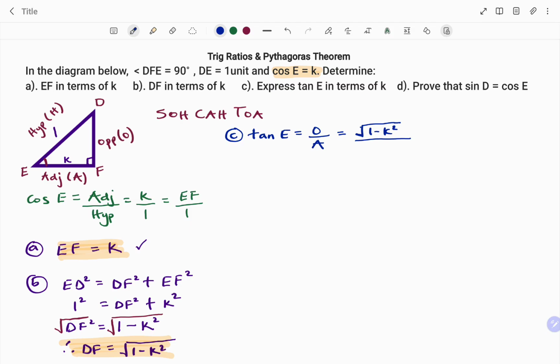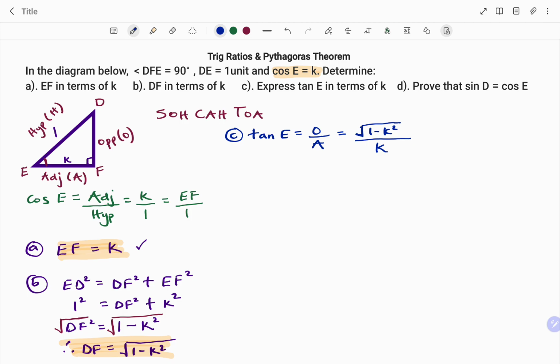If I go back, EF is K. So therefore, we have tan E equals opposite over adjacent, which is the same as DF over EF, and that's root 1 minus K squared, all divided by K.